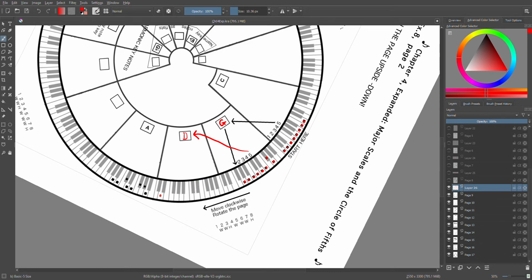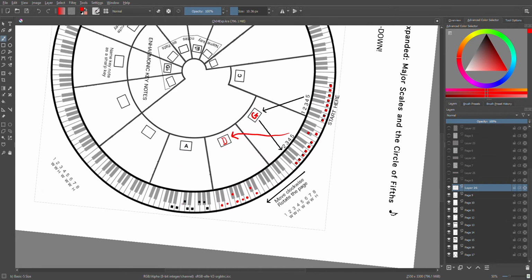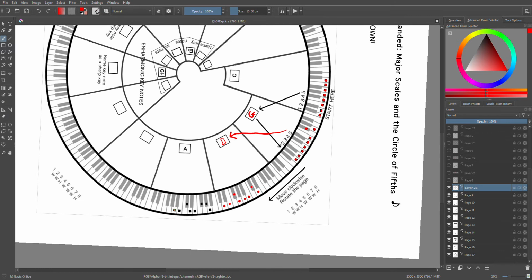We're going to start here on D. Whole, whole, half, whole, whole, whole, half. Okay, let's look at the 5th scale degree. 1, 2, 3, 4, 5. That is on A. Looks like A is already written for us because we are correct there with A. Here's A. Whole, whole, half, whole, whole, whole, half.